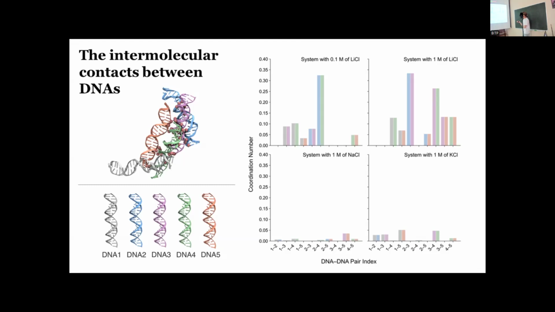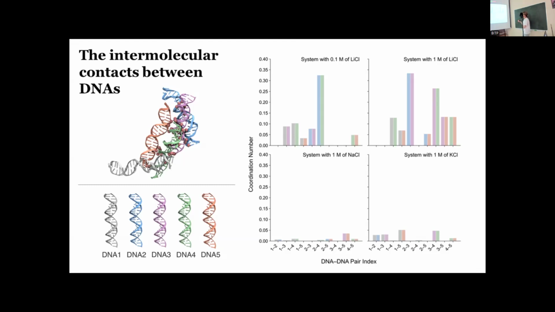In contrast, the systems with sodium chloride and potassium chloride show much lower coordination numbers compared with the lithium system. This shows us that in these systems, the DNA association is much weaker.